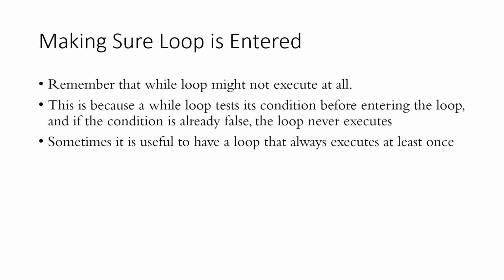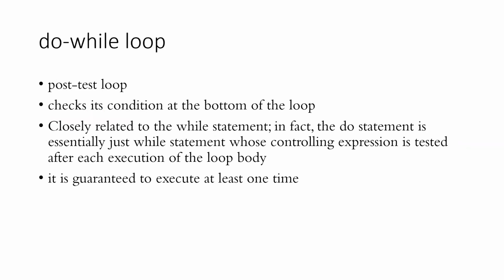If the condition is already false, the loop never executes at all. However, sometimes it is useful to have a loop that always executes at least once. The do while is a useful loop for this, and it's a post-test loop because, unlike the while loop that checks the condition before executing the loop body, the do while checks its condition at the bottom of the loop.